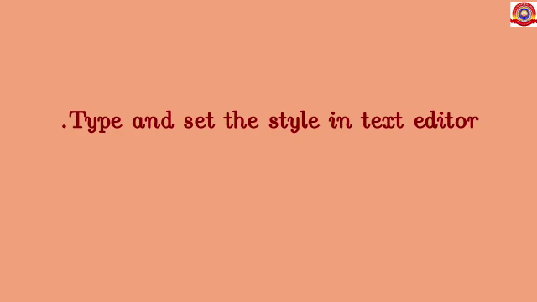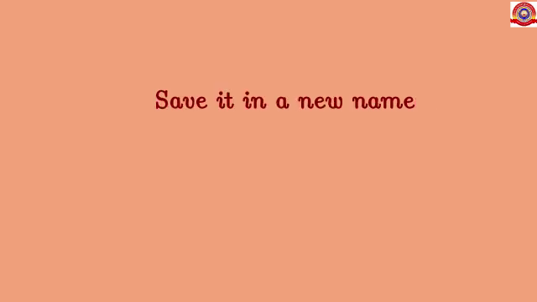That is, first we have to take the text editor. All of you know we have typed the codes in text editor. So, in text editor, we have to type and set the required style inside the style tag. Okay. Now, save it in a new name.